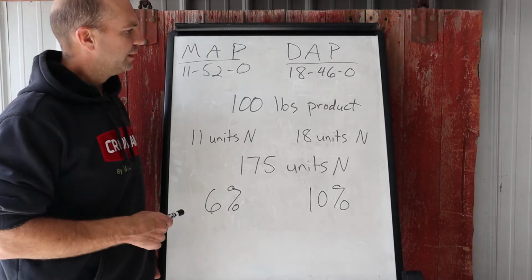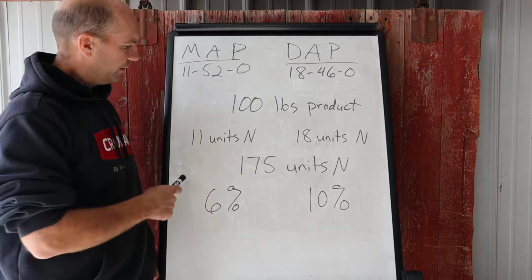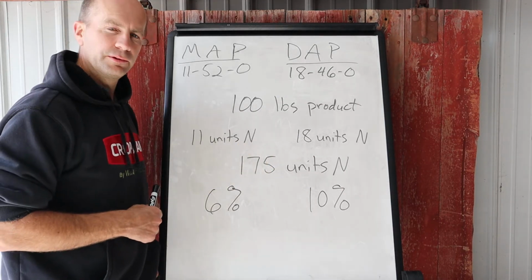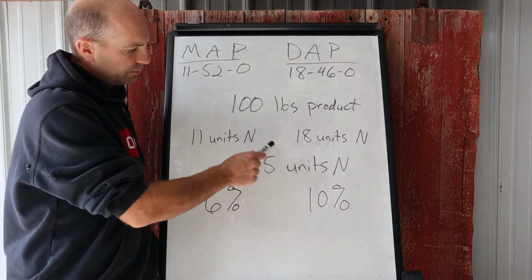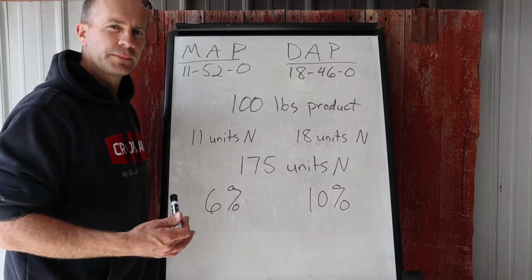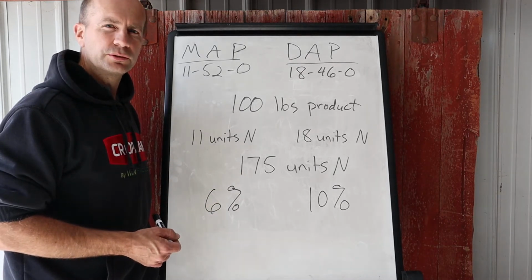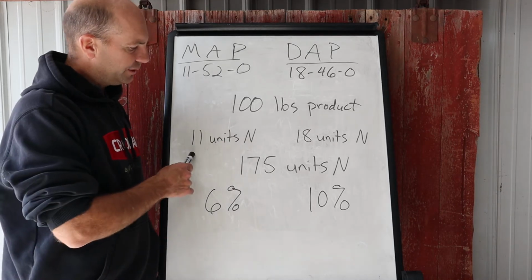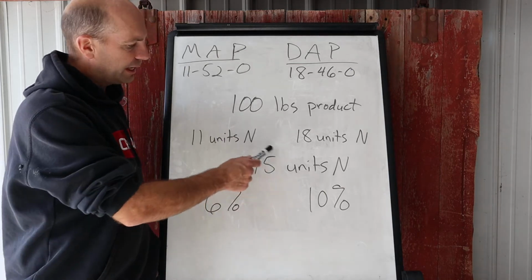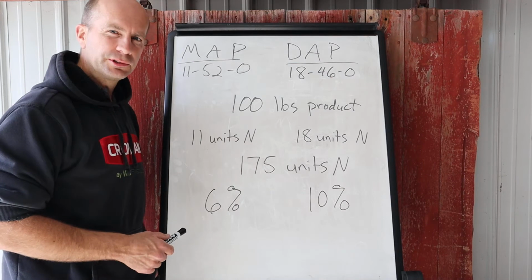So for easy figuring, let's just assume we're putting out 100 pounds of product, either MAP or DAP. We're going to get 11 units of N with the MAP, 18 units with the DAP. And if we also assume we're shooting for somewhere around 175 units of total nitrogen with our other nitrogen source to raise roughly a 200 bushel per acre corn crop, 11 units out of 175 is just under 6% of my total N needs for that crop. 18 units from the DAP, just over 10%.